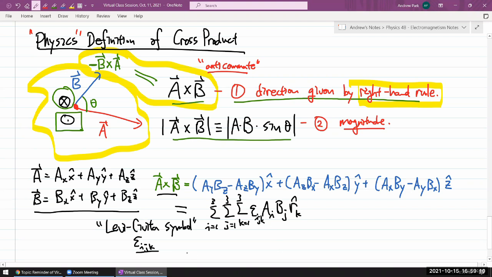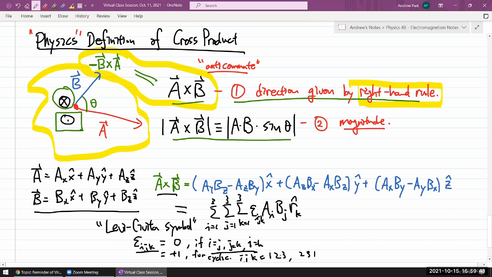And this is defined in such a way that this is 0 if any of the three indices are the same: if i is equal to j, or j is equal to k, or i is equal to k. If any of these are true, then it's 0. It's equal to +1 for what's called a cyclic permutation, so that would be things like if ijk is 1, 2, 3, or 2, 3, 1.